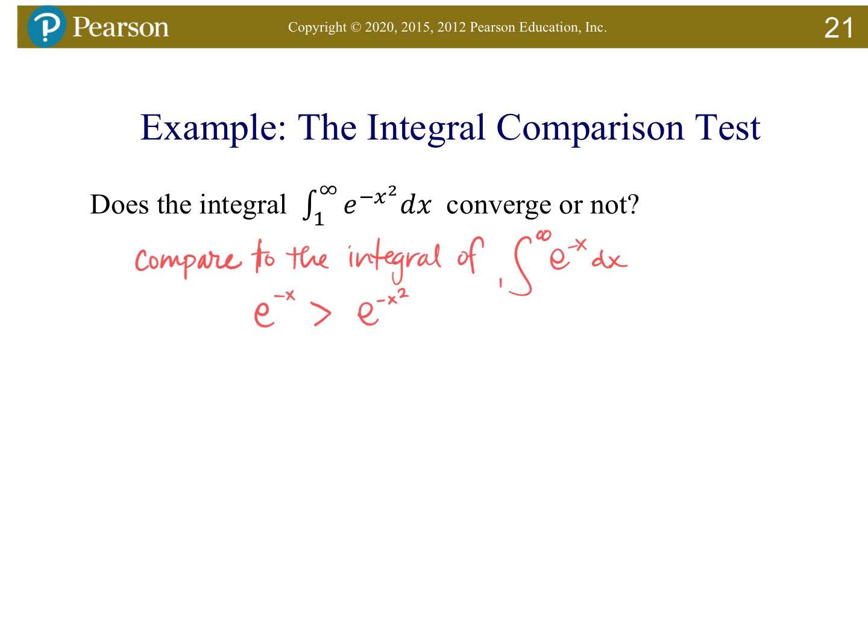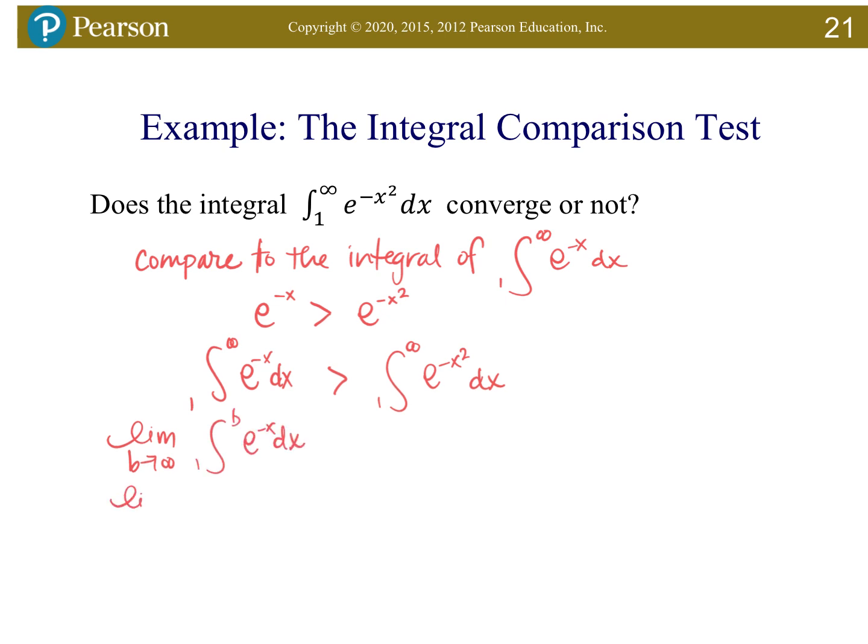And then if that's true, then compare the integrals of both of them. So since the function relationship is established, the integral relationship is established, because integrals just mean area. And if you're saying the function's always bigger, then the area always has to be bigger as well. And then focus on the easier one. I'll say b is approaching infinity, so I'll go 1 to b, e to the negative x dx.